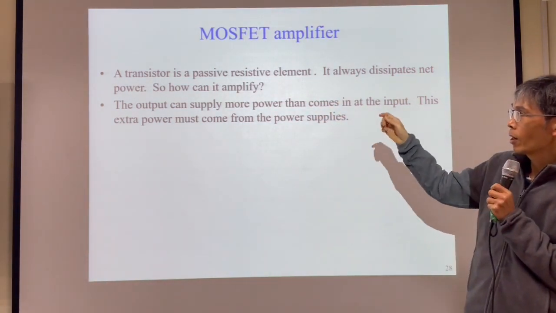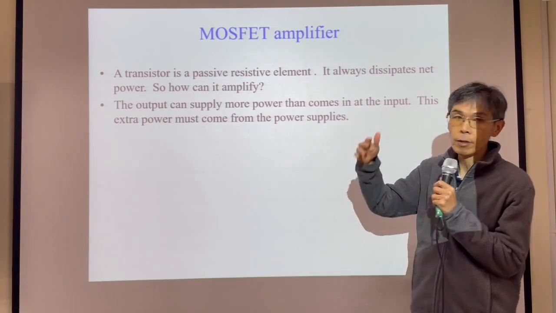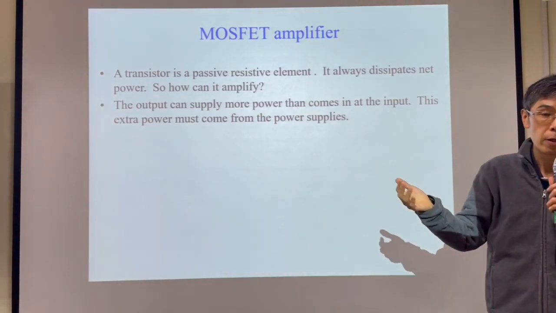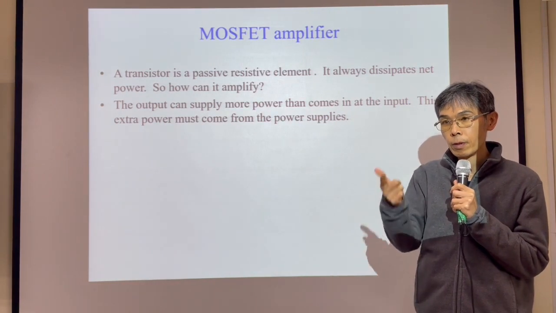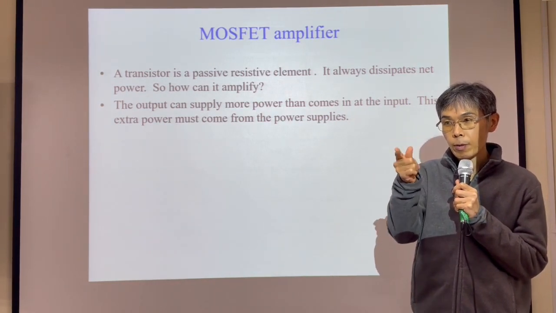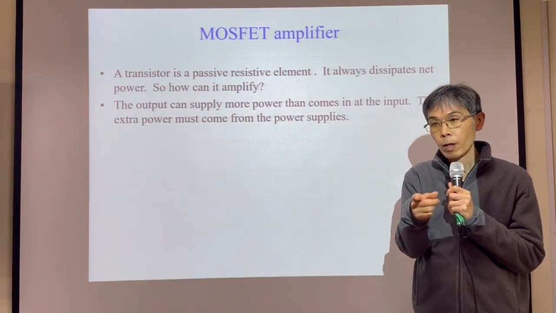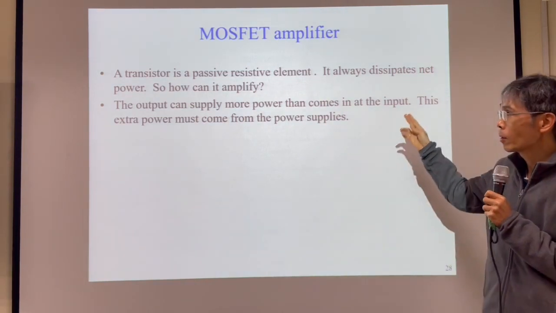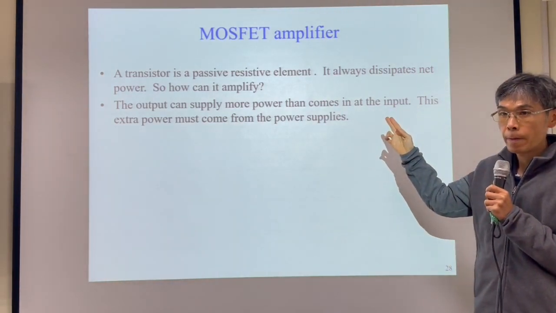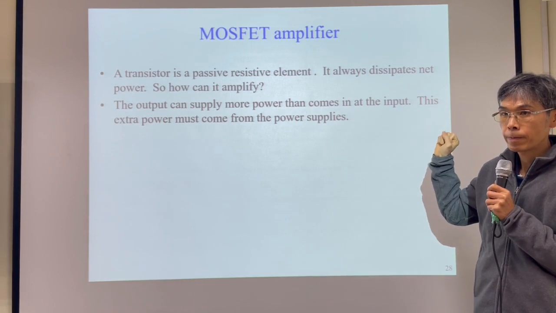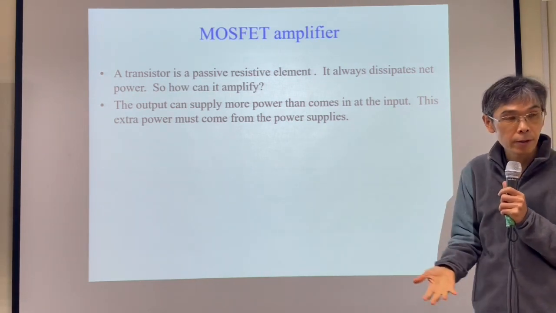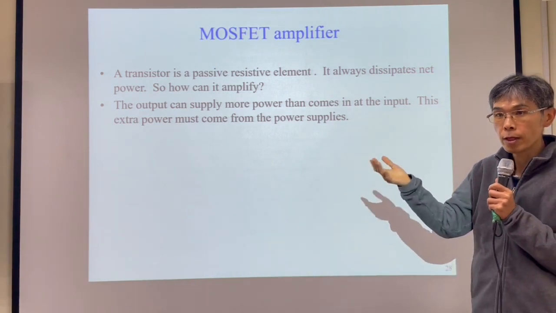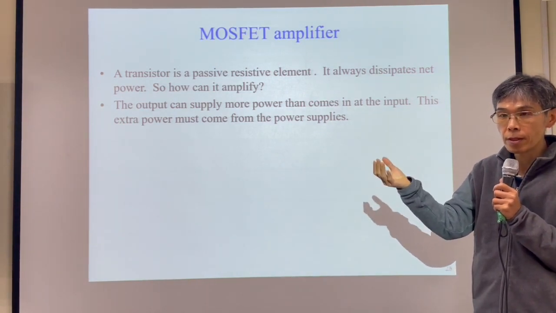But how can a transistor be an amplifier? What's your answer? How can a transistor be an amplifier? If it is a resistor, it dissipates power.